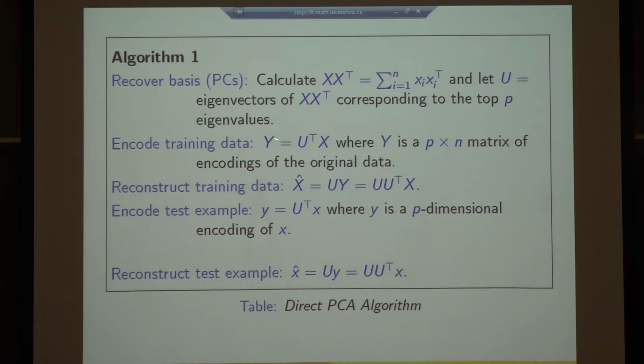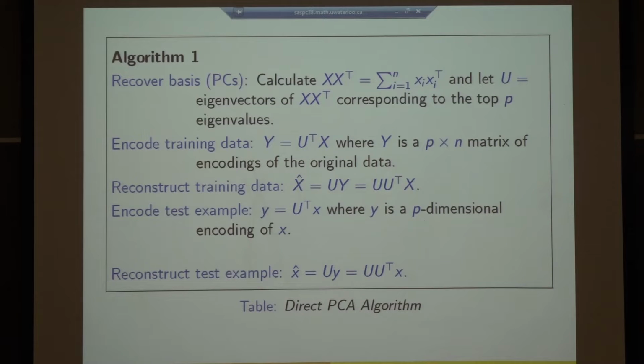U transpose X is your mapping in lower dimensional space. You can reconstruct a point by just the same projection matrix, the transpose or the inverse of this projection matrix. And you can map a new data point, which is not part of the training set. You can do out of sample, and you can reconstruct out of sample. This is the direct PCA algorithm that we have seen before.